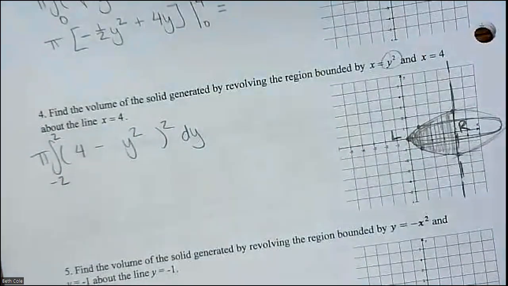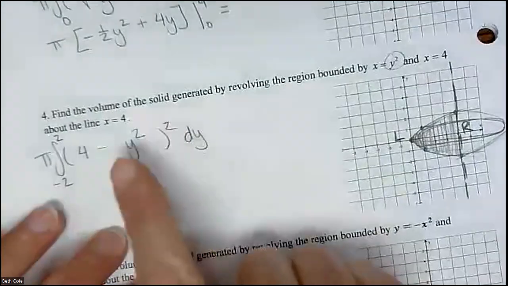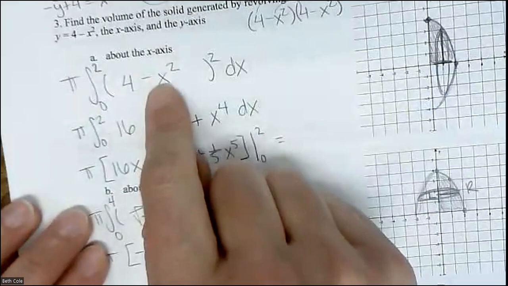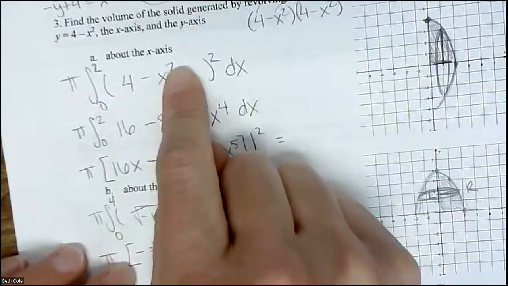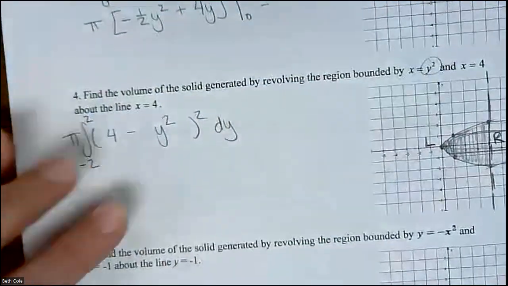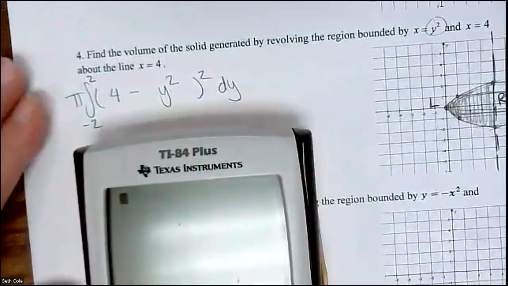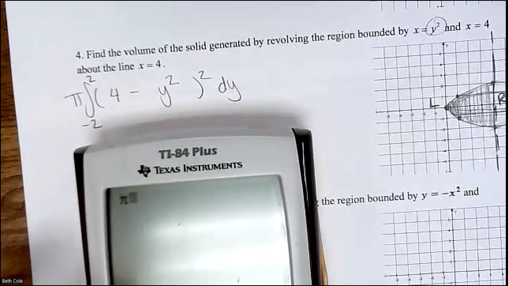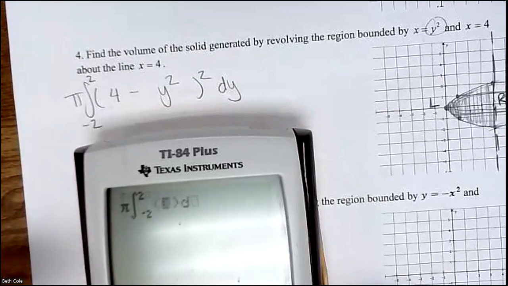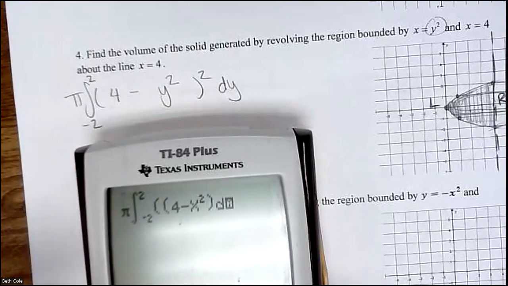Good. I'll let you just put that one in the calculator because we did one very similar to that right up here. Do you see how this was 4 minus x squared? This one's 4 minus y squared. So I'll let you just put that one in the calculator, because calculating is an important skill too. So we'll just type that one in. Oh, and I know it says y, but please type x.